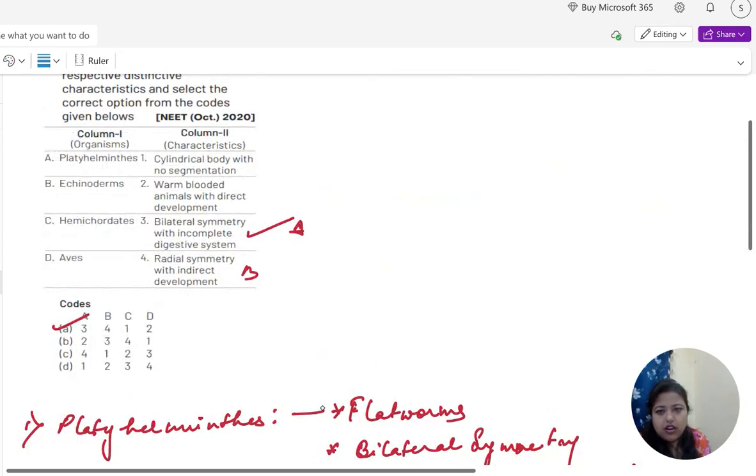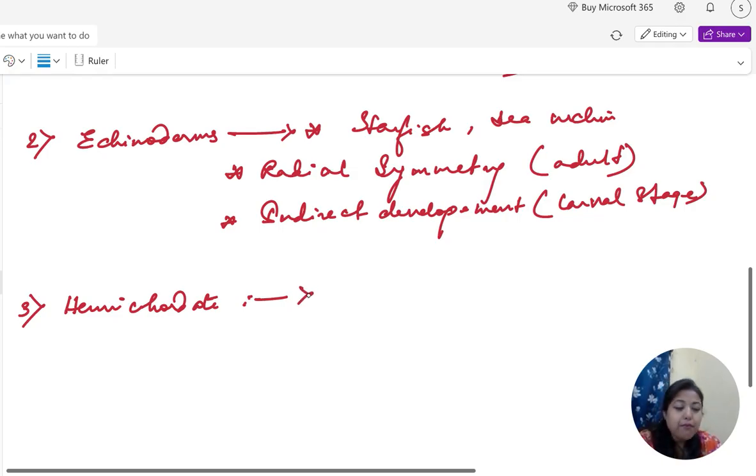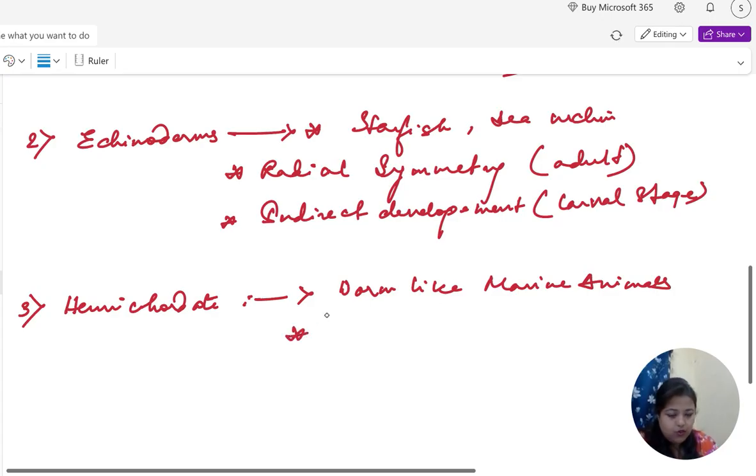Next is hemichordates. Worm-like marine animals, with a cylindrical, unsegmented body.